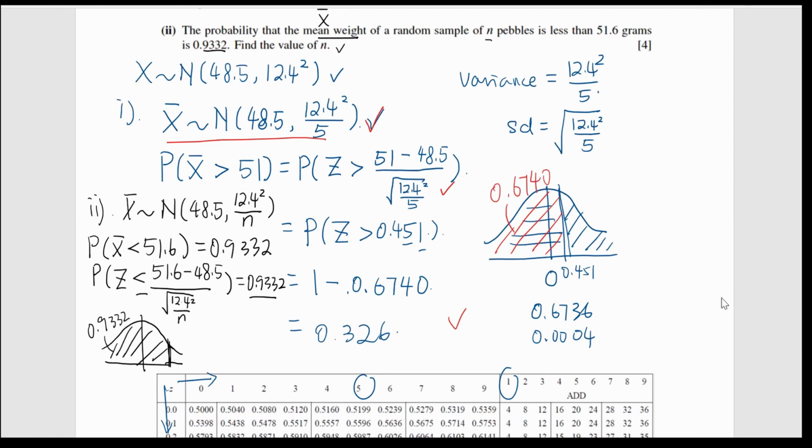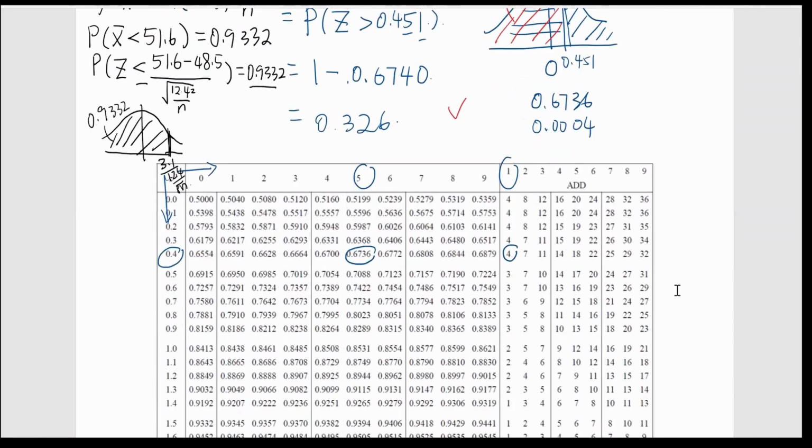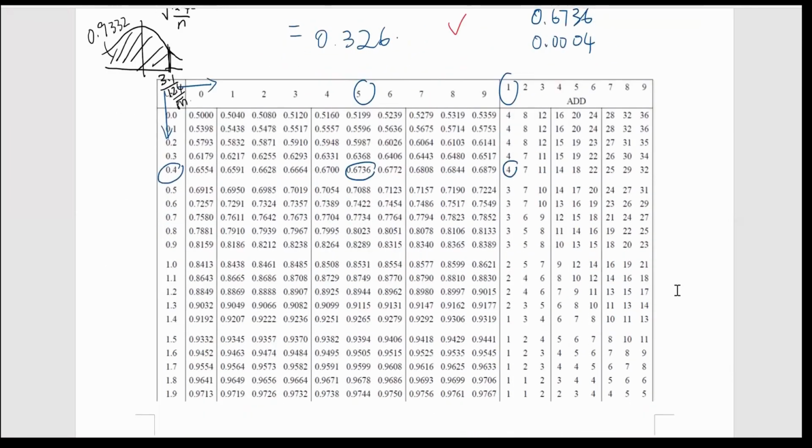51.6 minus 48.5, 3.1. 3.1 over 12.4 over square root n. All right. So now we try to read from the table below. When the probability is 0.9332, do we have 9332 exactly? Yes.